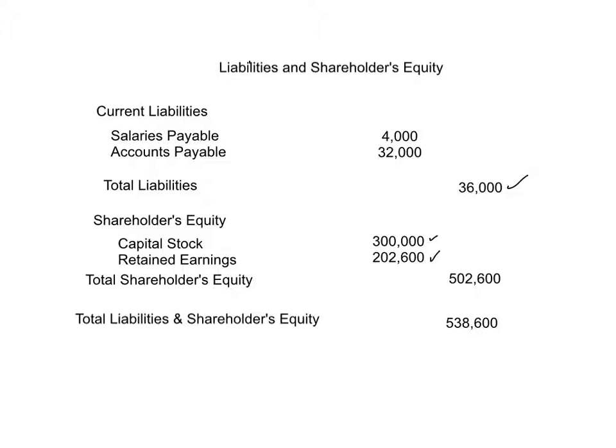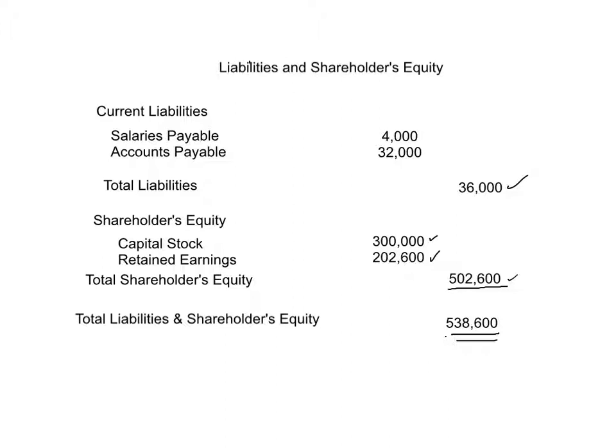Retained earnings comes over to us from the statement of retained earnings that we have completed. So the total shareholders' equity section value is $502,600. Therefore, the total liabilities and shareholders' equity, $538,600, which balances with our total assets.